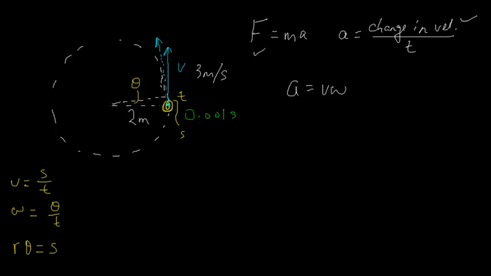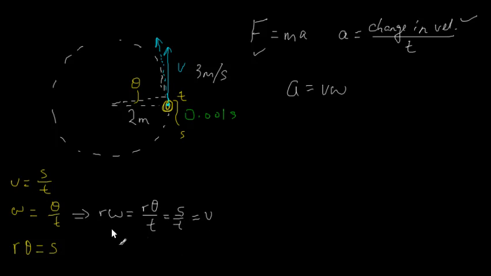Okay, we know this, and we also know how those two are connected, because if I multiply both sides of this by r theta over t, then because r theta is s, so this is actually s over t, which is v.